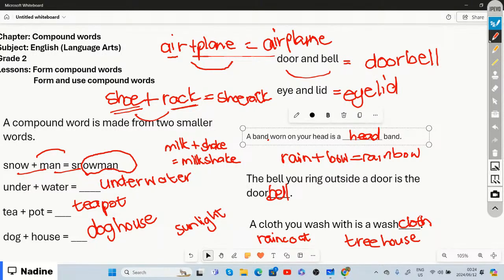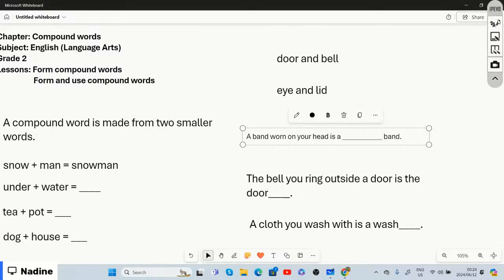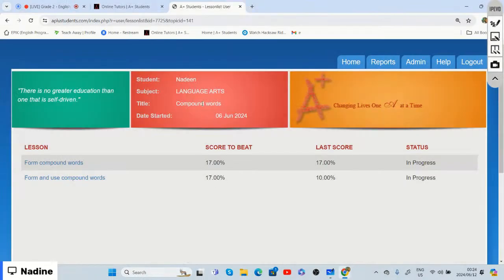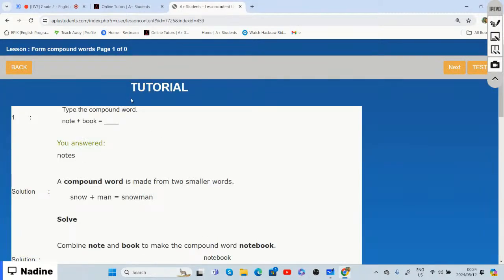So now we're going to a+students.ca, and we are going to our test. I think for the first one, let's just quickly do this one and then we go to our test.